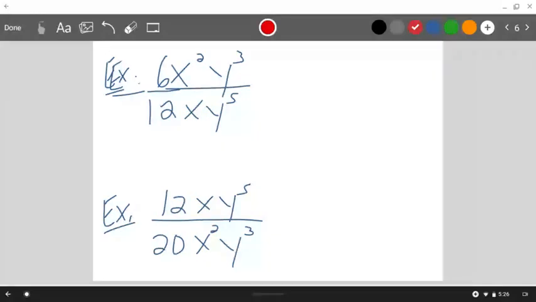If you have coefficients, you don't subtract those. If you just had 6 over 12 without all those variables, you would just reduce 6 over 12 to 1/2, and you'll still do that. And then the variables, you'll subtract the exponents. So on the x's, 2 minus 1 is 1. The bigger exponent is on the top, so that x to the 1st will go on the top.